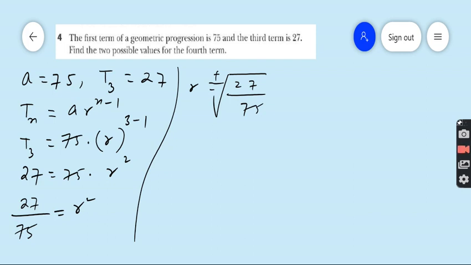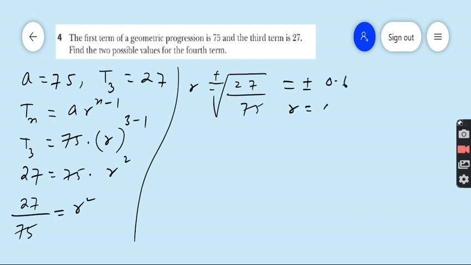Kindly wait, first I have to find the value of R in decimal form. It is plus minus 0.6.